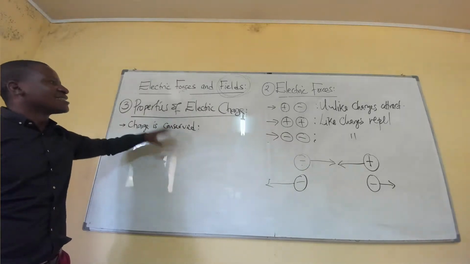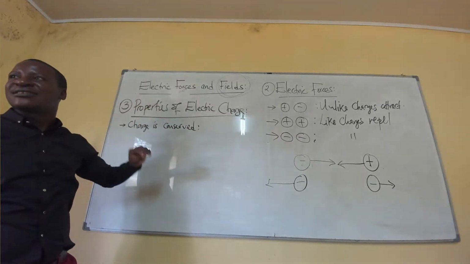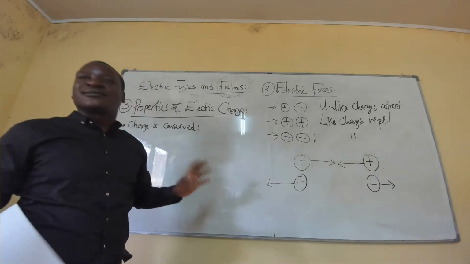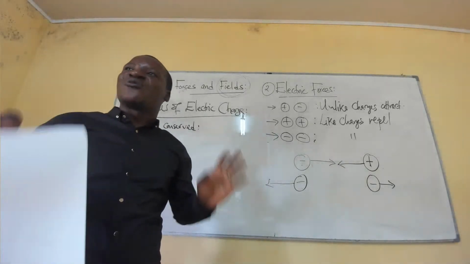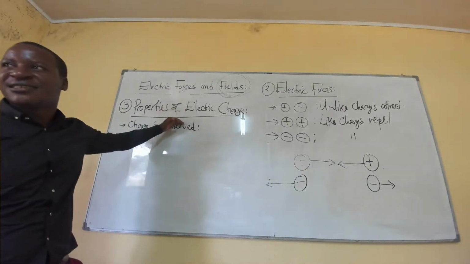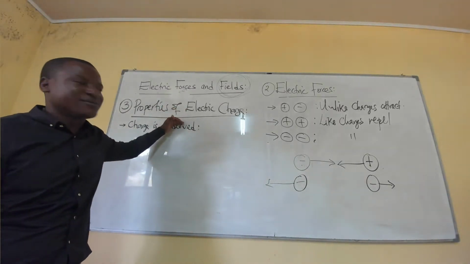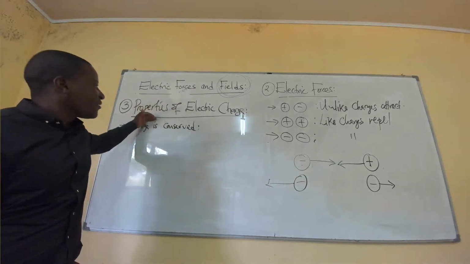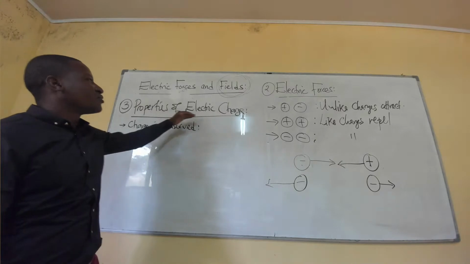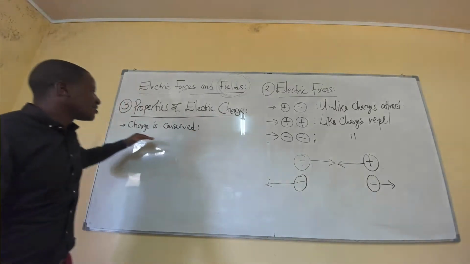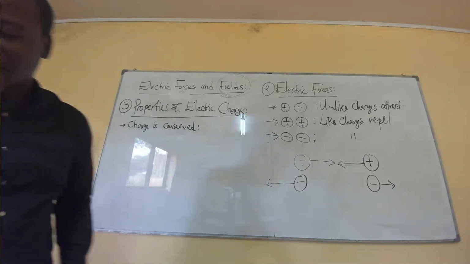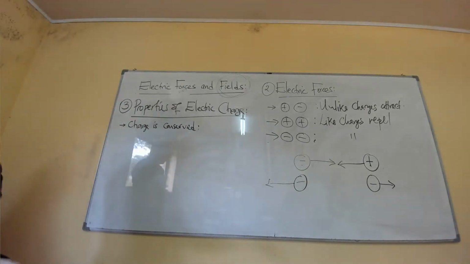So don't even start writing a lot of paragraphs, because this is the tendency that you have as students. The question is simple and it only carries 1 mark. But you start writing half a page, you are wasting time in an exam. So in an event that you're asked to state 2 or 3 properties of electric charge, the first thing that you say is that charge is conserved. That is number 1.